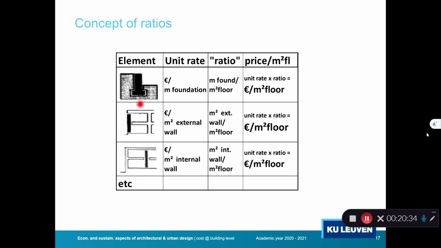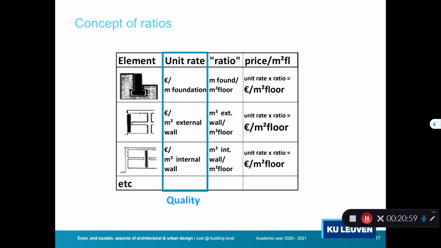I have on the one hand the price, the cost per unit of element. And this is determined by the choices you make, the technical solutions for a specific element you make. And hence is very much determined by the quality you want to achieve.